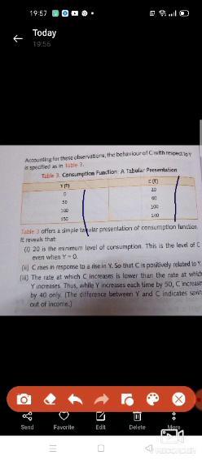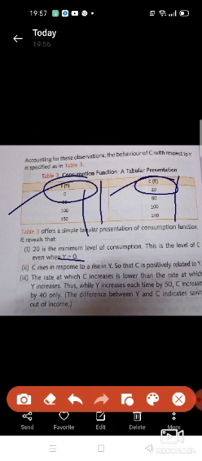It reveals that 20 is the minimum level of consumption. This is the level of C even when Y is 0. You are seeing consumption is 20 when income is even 0. C rises in response to a rise in Y. As your income rises, your consumption also rises.